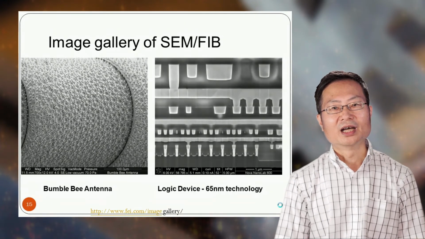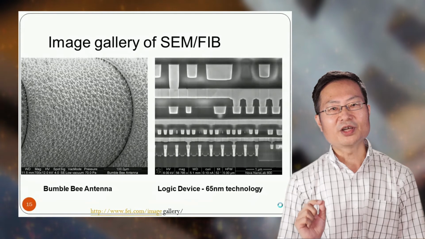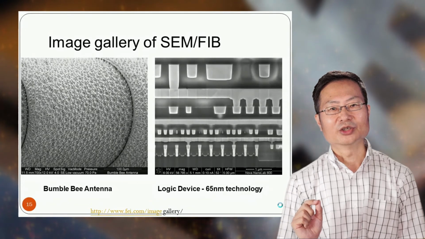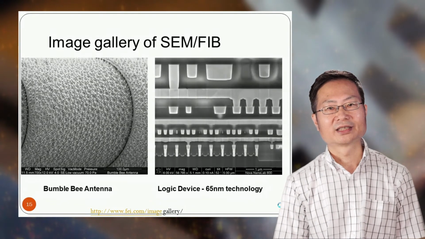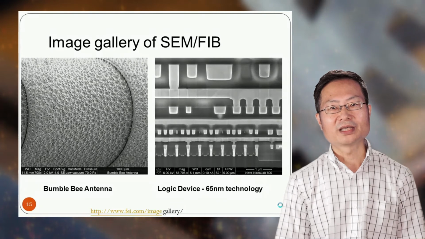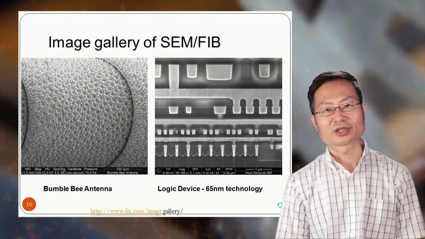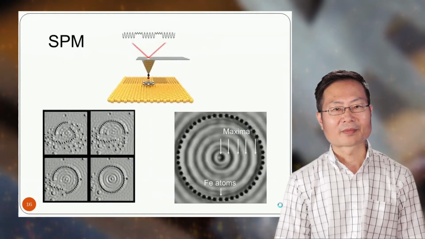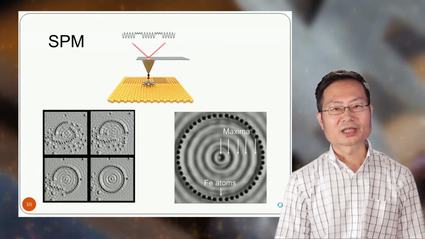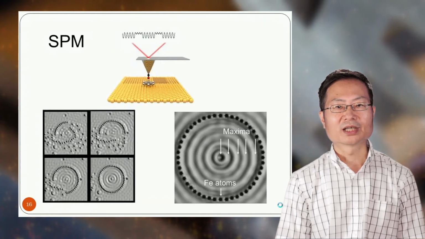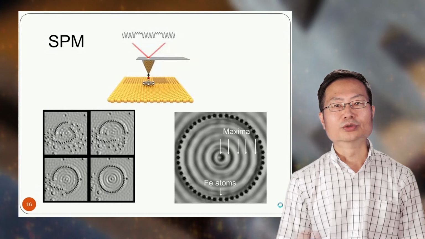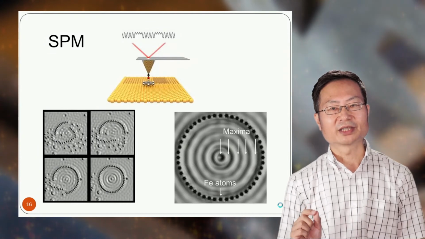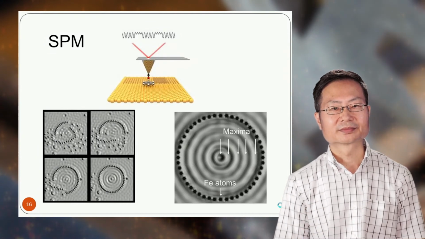You can see the image is very similar to what human eyes look at. Here is the bumblebee antenna and a logic device on the right side. And with scanning probe microscopy, we can see the probe manipulate iron atoms into a circle.